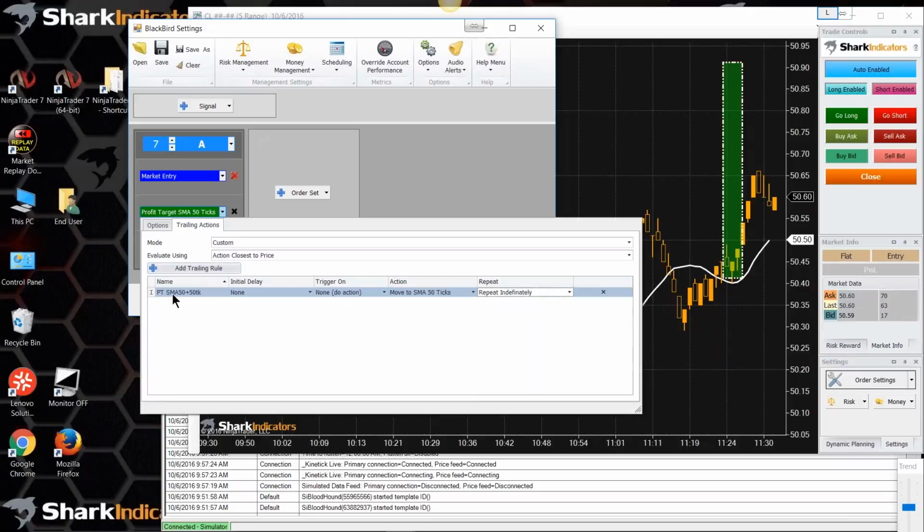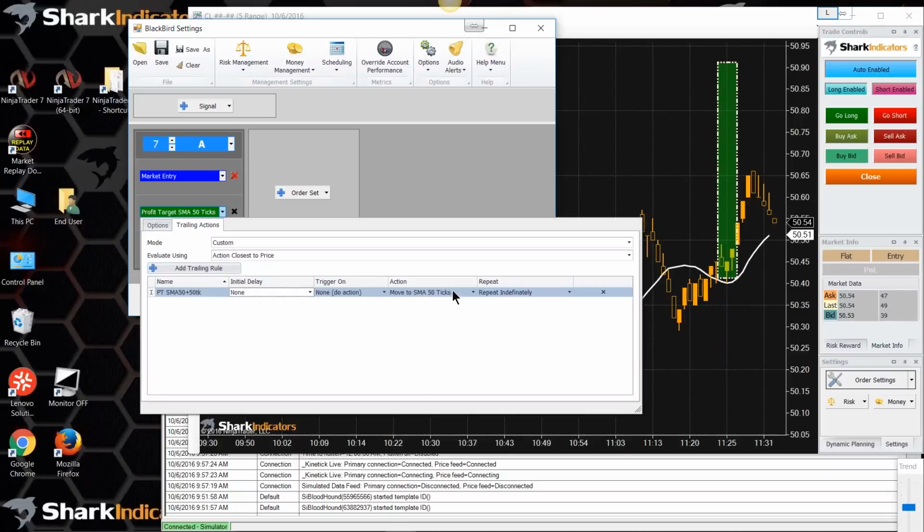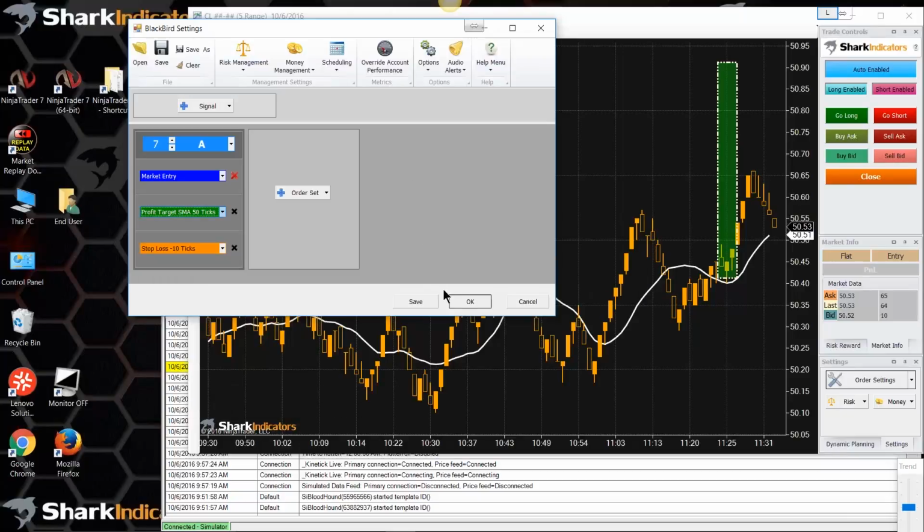All right, so let's recap our trailing rule here for the profit target. So there's no delay, there's no trigger, but the action is move the profit target to the SMA 50 plus 50 ticks. And we're going to repeat that every bar.